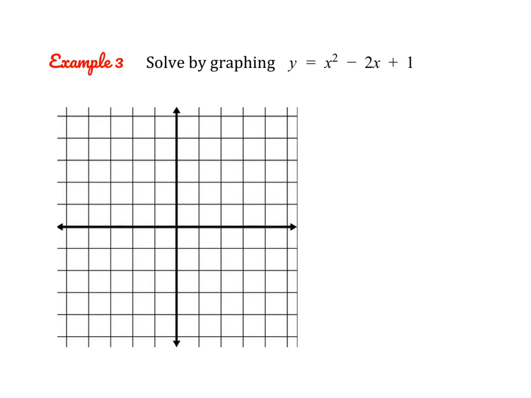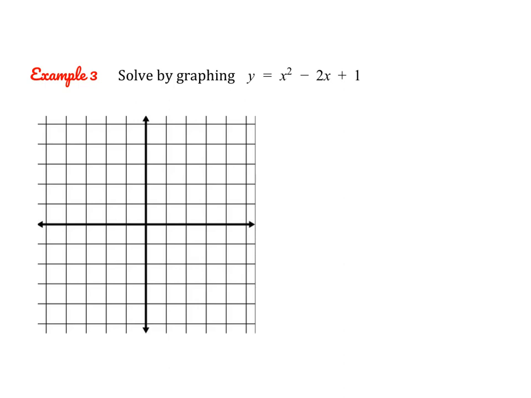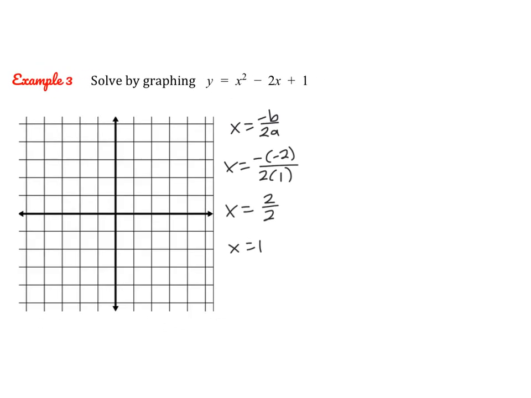Okay, let's try one more together. So again, let's start by finding our vertex. So here we have x equals -b over 2a. So I'm going to substitute b with -2, and I'm going to substitute a with 1. So we get 2 over 2, which is 1. And then let's substitute x equals 1 into our function to find our y value.